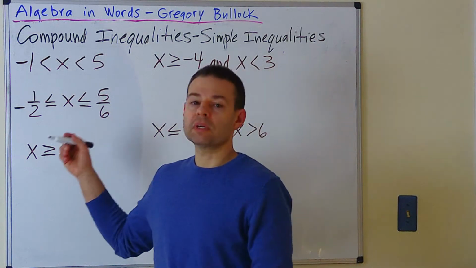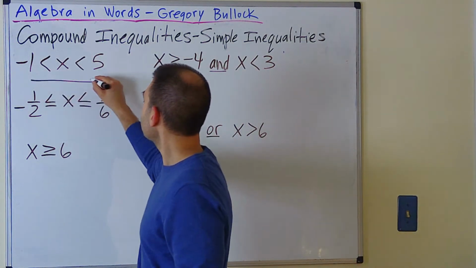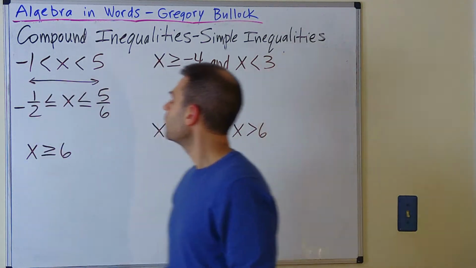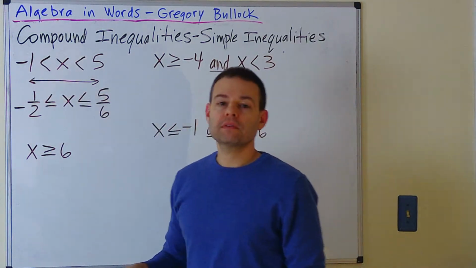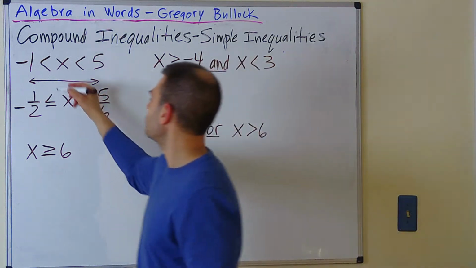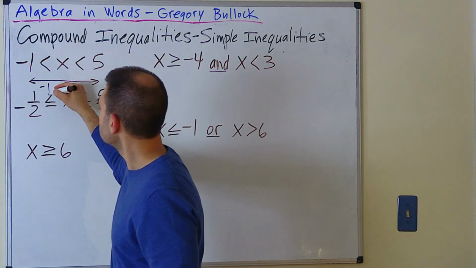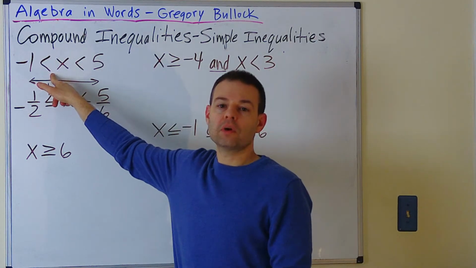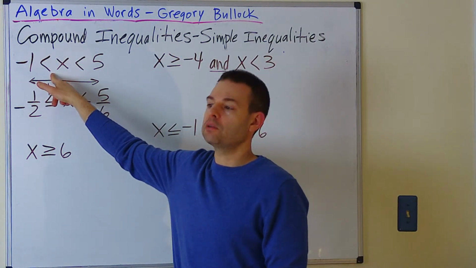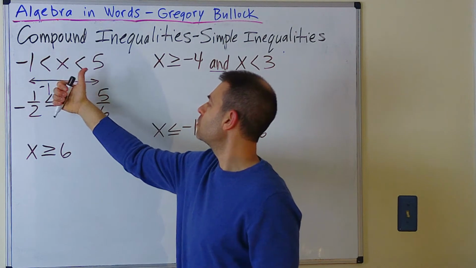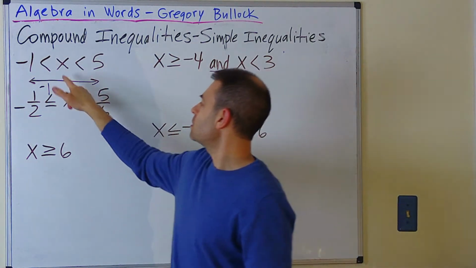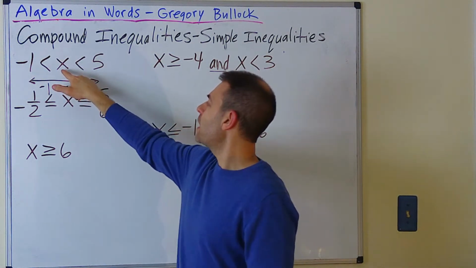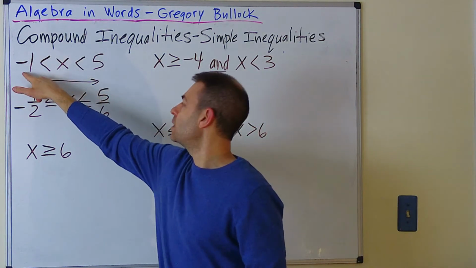So let's draw a number line. And we have -1 on the left. That's the lower number, so we're going to write -1 here. And let's look at the symbol. Is it inclusive or non-inclusive? It's non-inclusive. And also, it's open towards the right. So the way we want to read it is, x is greater than -1.